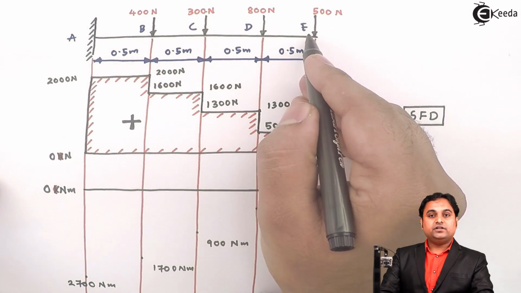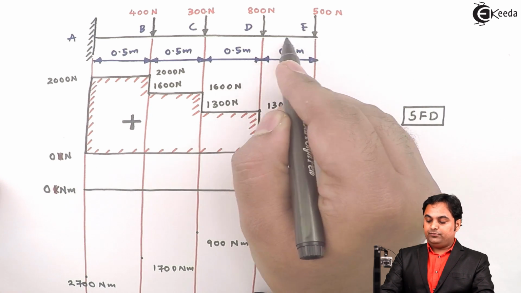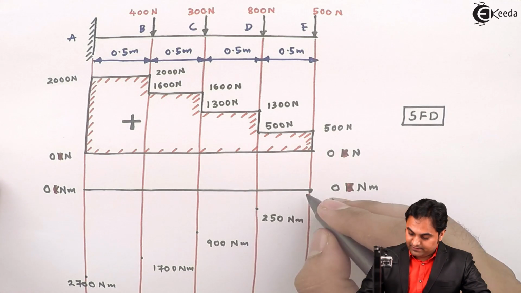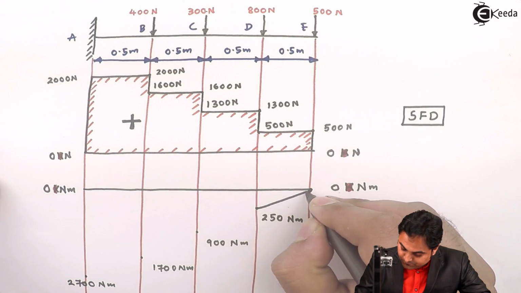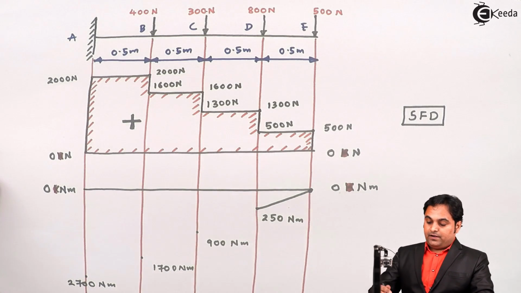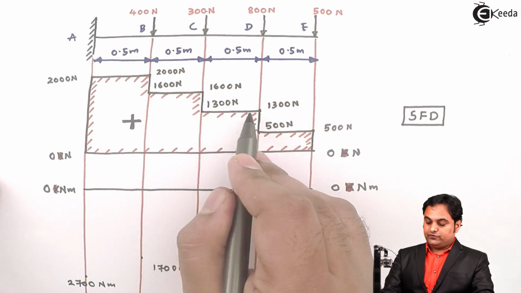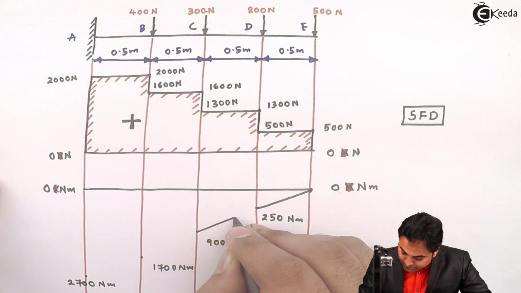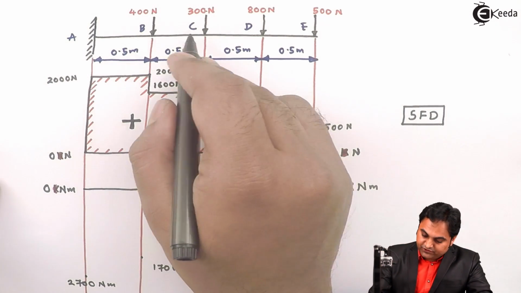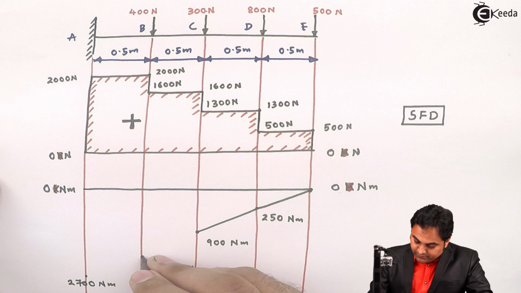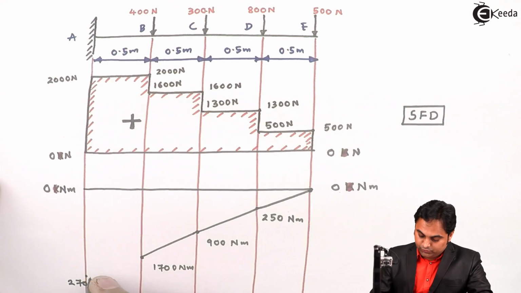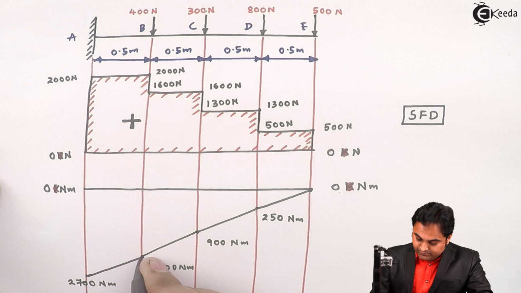So whenever there is no load between 2 points, that is from E to D, there is no load. Shear force was a straight line, bending moment will be an inclined line. Then again there is no load from D to C, shear force was a straight line, bending moment should be an inclined line. Similarly from C to B there is no load, so bending moment will be an inclined line. Next, from B to A there is no load, again there is an inclined line for bending moment.